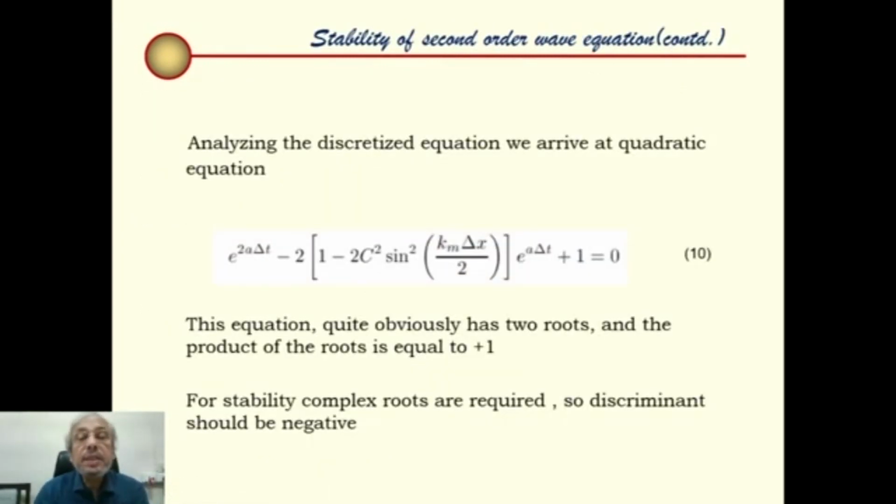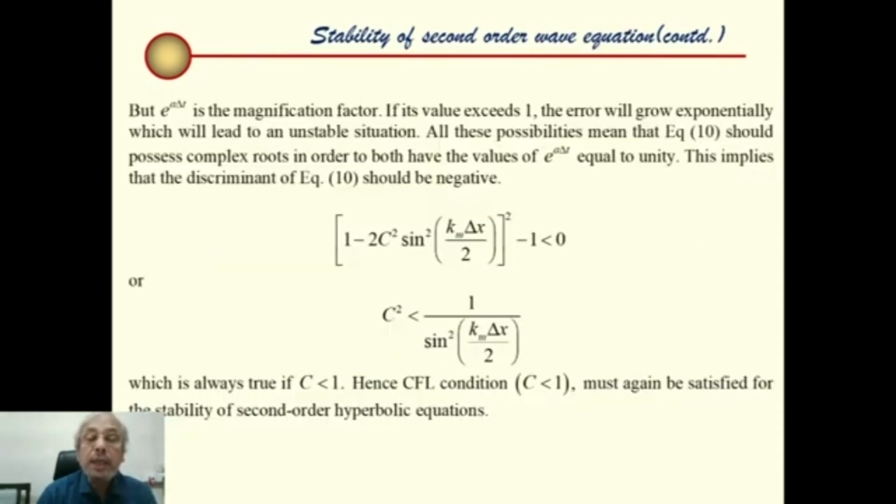This equation 10, being a quadratic equation, will obviously have two roots. If one root is greater than 1, then the stability condition will not be satisfied. So both the roots have to be less than or equal to 1.